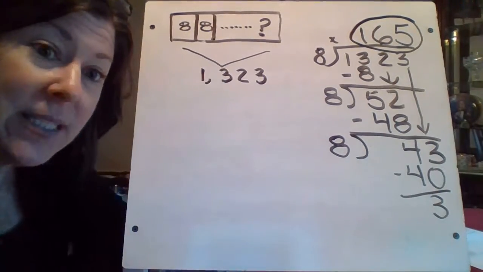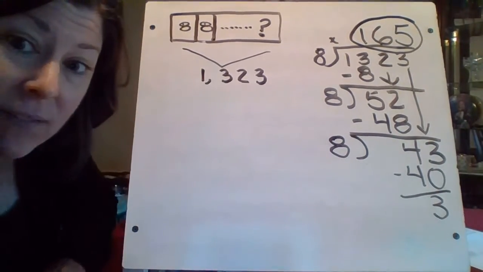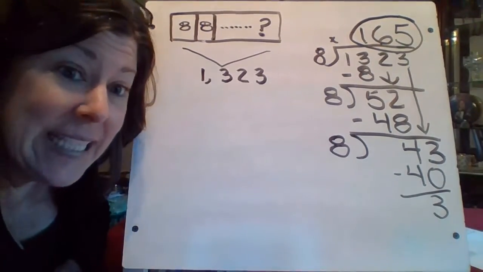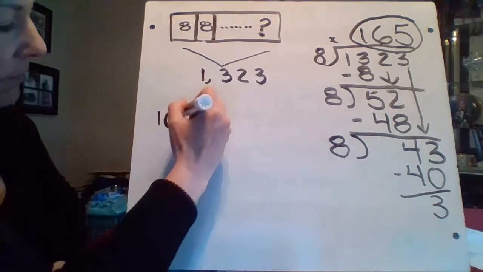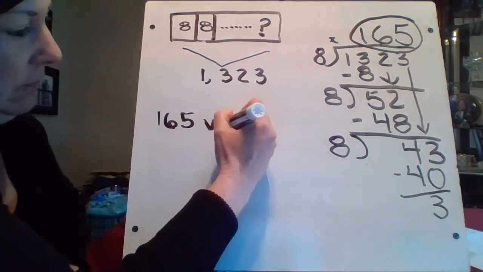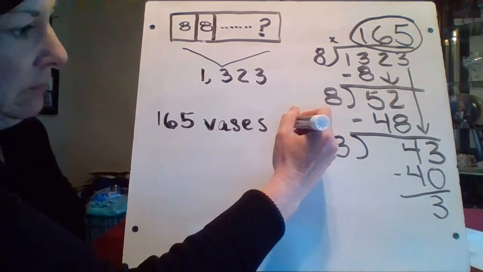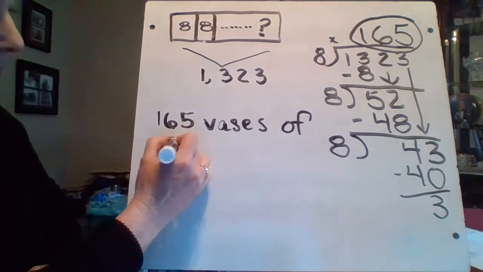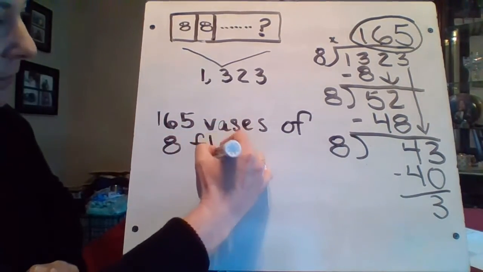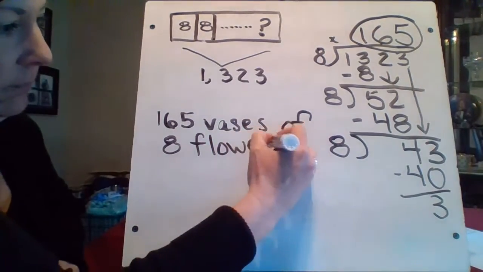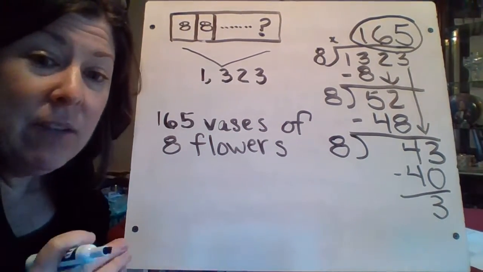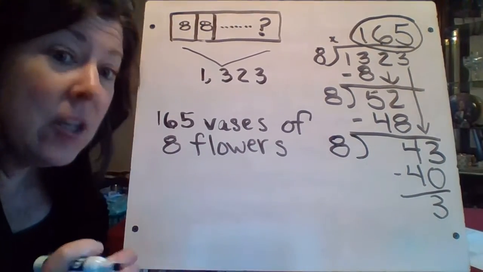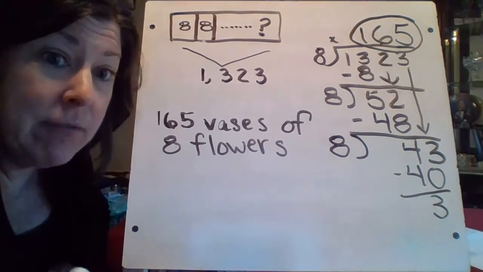My 165 is how many vases of 8 flowers there'll be. 165 vases of 8 flowers with 3 flowers left over.